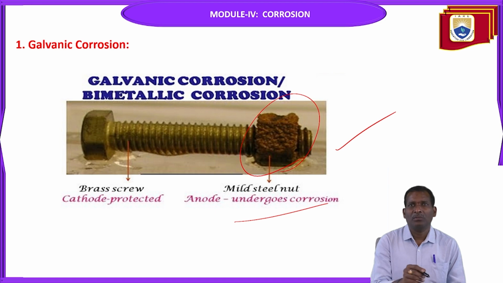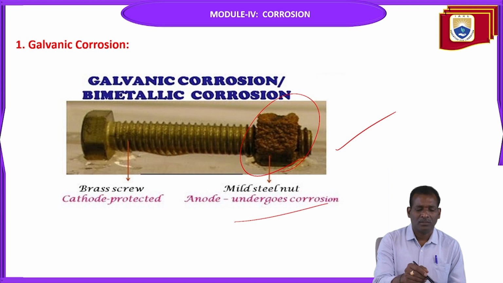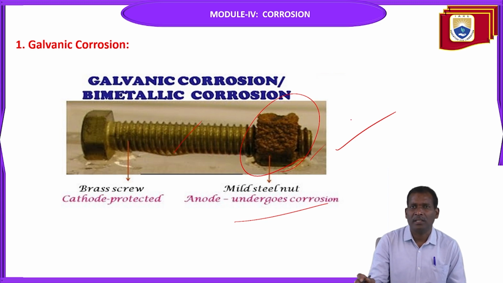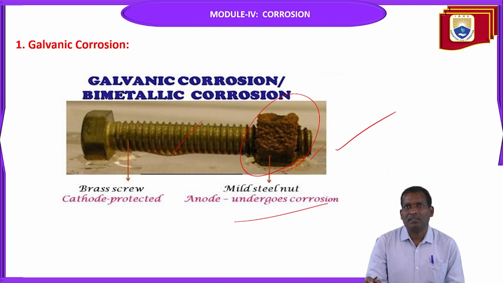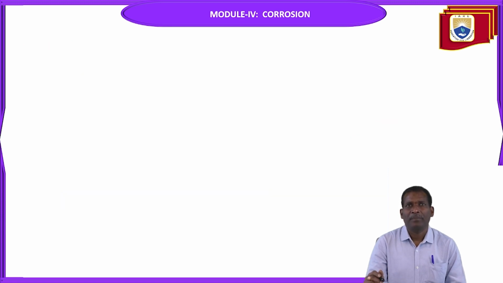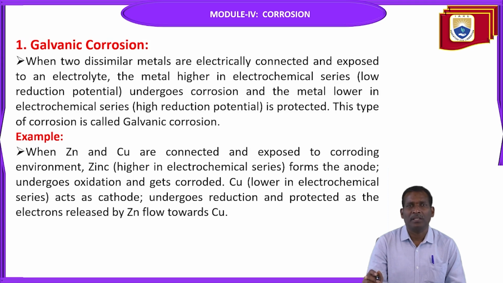Here two different metals are there. The screw material is different and the nut material is different. The combination of these two metals gives the bimetallic corrosion, that is called galvanic corrosion. So how does it happen? Galvanic corrosion occurs when two dissimilar metals are electrically connected and exposed to an electrolyte.